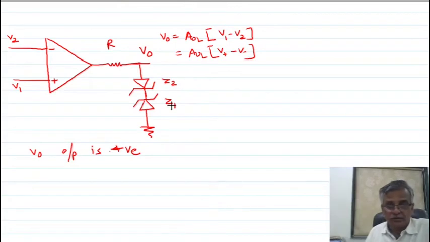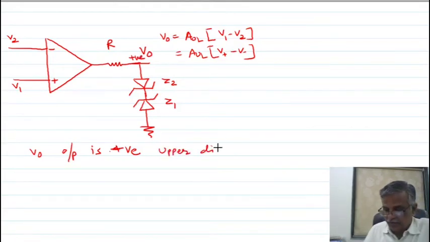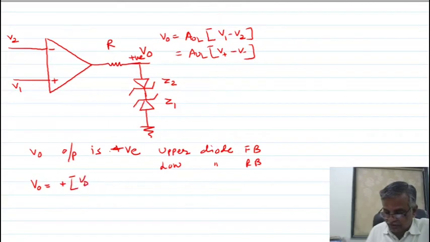If the output is positive, the positive sign is coming here, then the upper diode is in forward bias and the lower diode is in reverse bias. As a result, your output is nothing but VD2 plus VZ1. Very clear, you can understand.